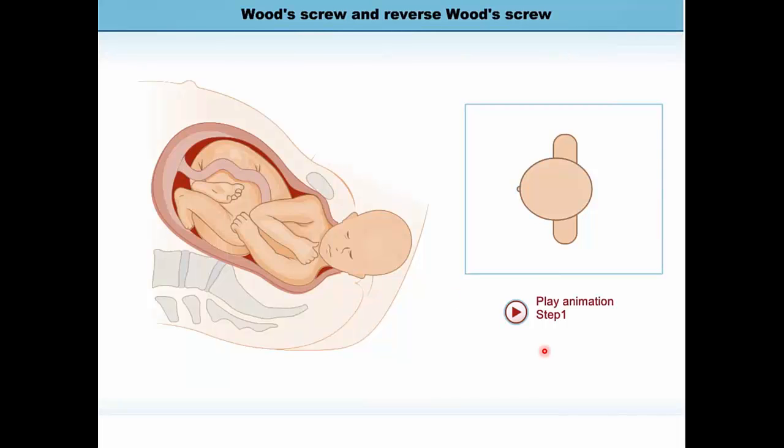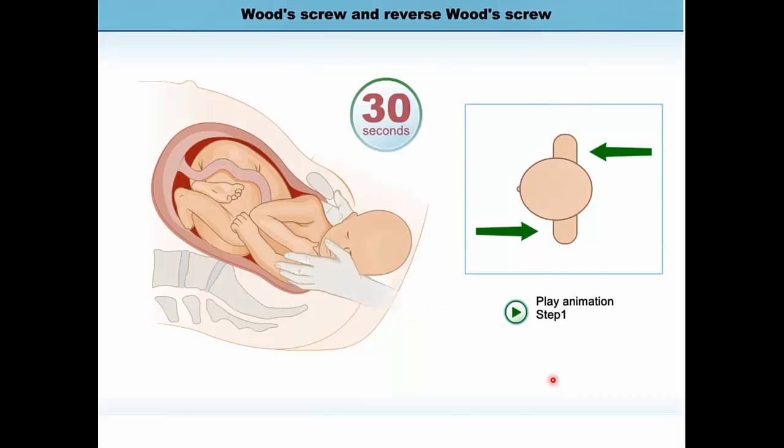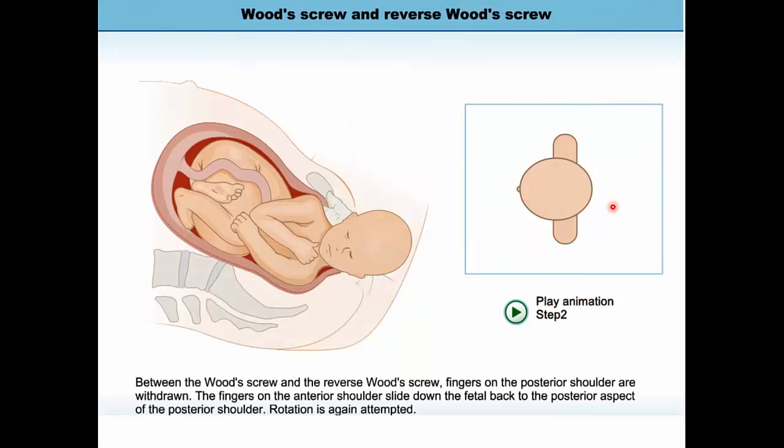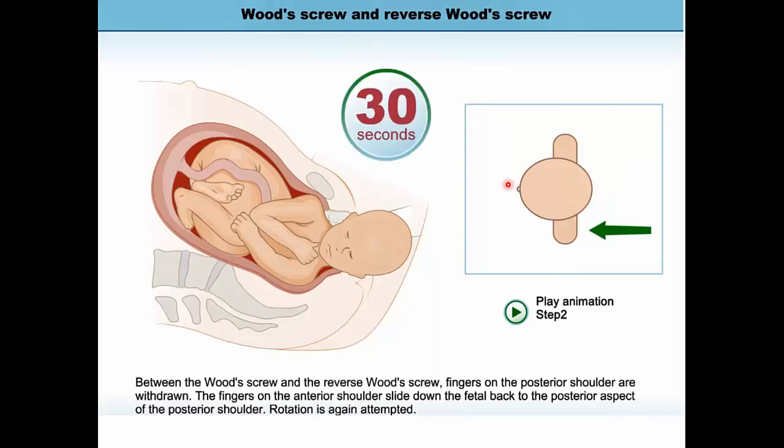Yes, this is the wood screw. Here, left, right hand, and here is the left hand, and then rotate. If failed, remove left hand and the right hand to reach the posterior aspect of the anterior shoulder and rotate. This is about wood screw and reverse wood screw. Is it clear?